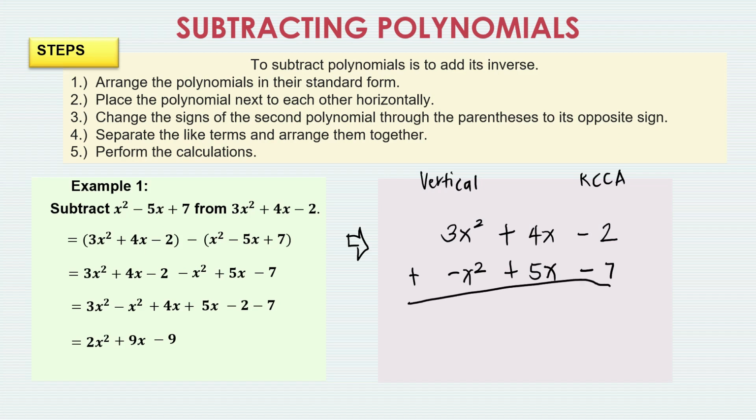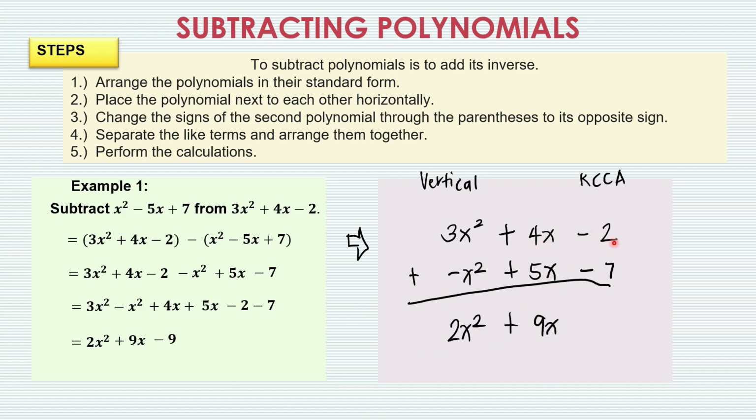And then we add. We're done with K, C, C, then we add already. So 3x squared plus negative x squared will be 2x squared, right? Next, combining 4x and 5x, 4x plus 5x, we will have positive 9x.